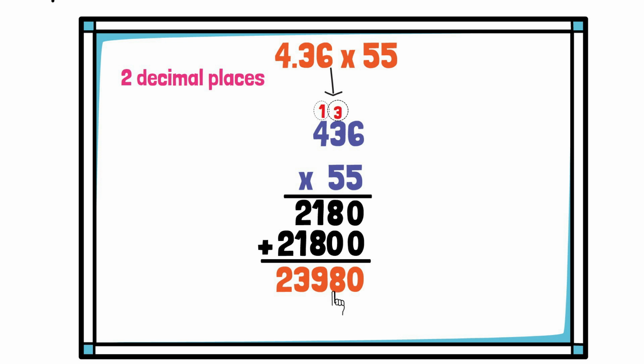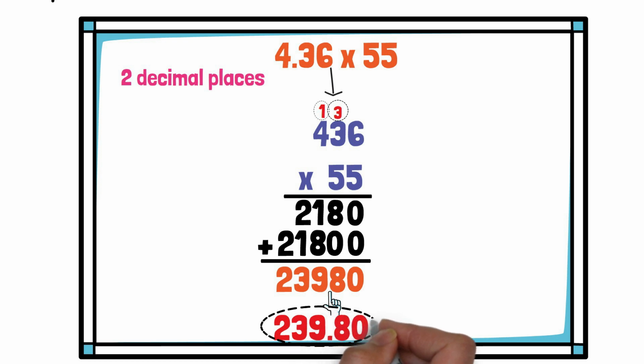Starting from the right, counting over each place, our answer would be 239.80. You do not have to add the zeros as it does not change the value of the number. So the way that we got that answer is we started from 0 and we moved our decimal point over 2 times.